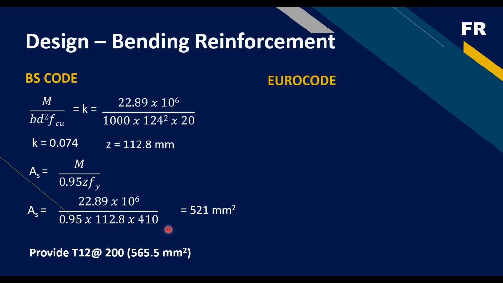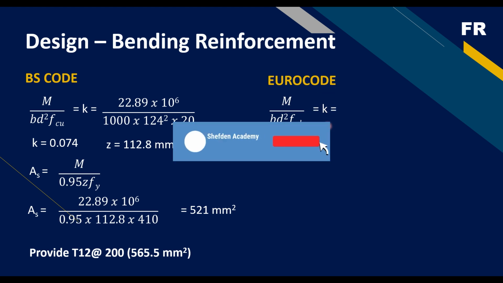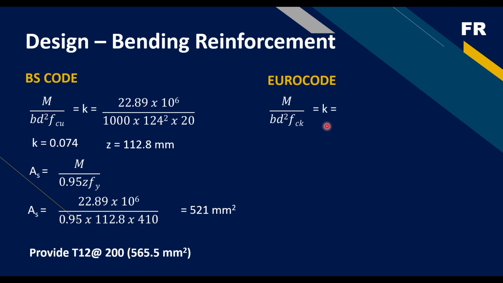So for the Eurocode, the formula is quite similar, it's almost the same thing. So M over bd squared fck in this case instead of fcu, but fck is also the characteristic strength of the concrete. That will give us our K, but the limit for K in this case is, instead of 0.156 in the BS code, 0.167, slightly higher in the Eurocode.